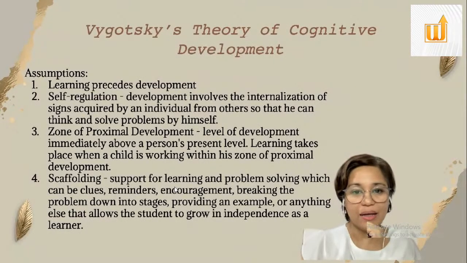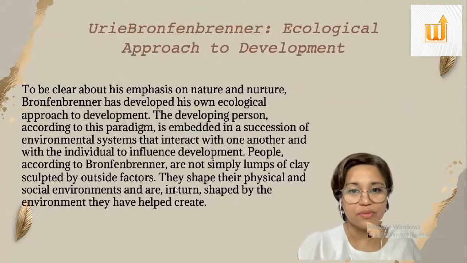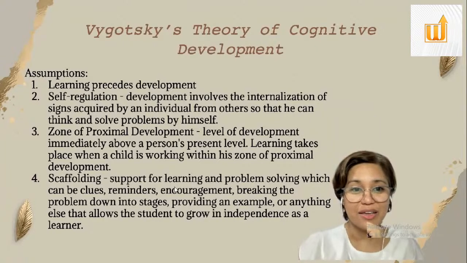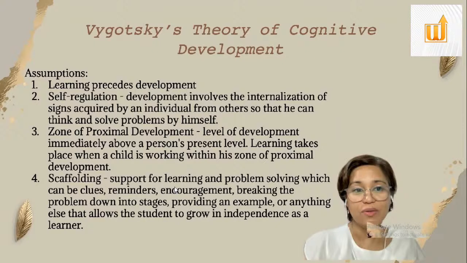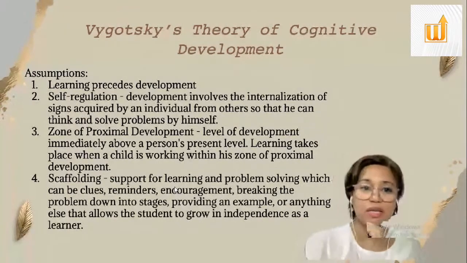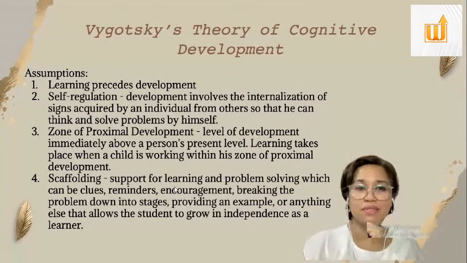And then we have cognitive development, where we already discussed earlier Vygotsky's theory of cognitive development. We assume here that learning precedes development, and that self-regulation is important. It involves the internalization of signs or symbols acquired by an individual from others so that he can think by himself.